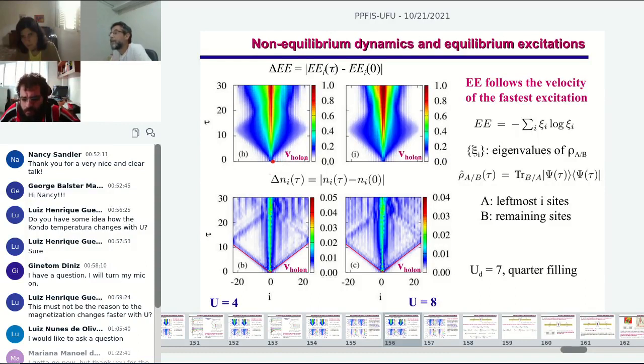It looks like close to the impurity you are getting faster propagation than the Hollow propagation. Yeah, I would say it is some numerics, precision. Okay, because there should be some error in the numerics.